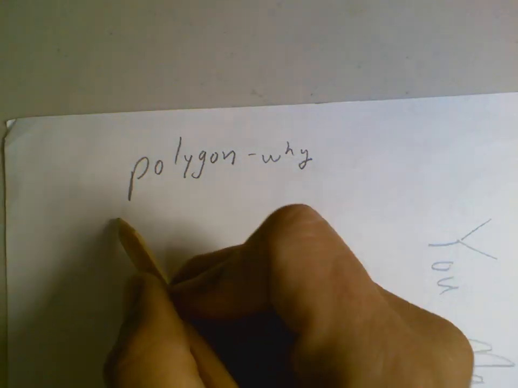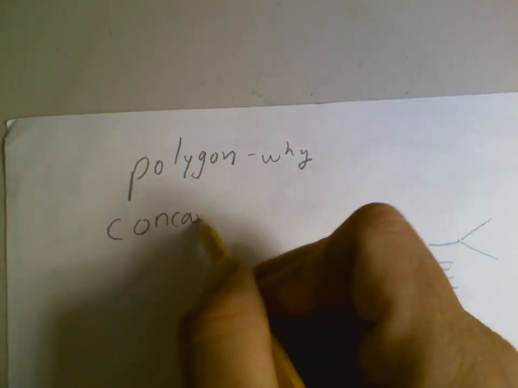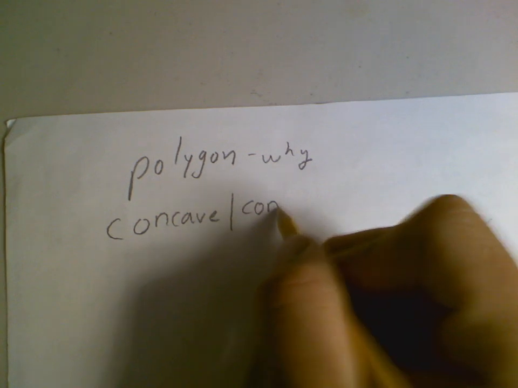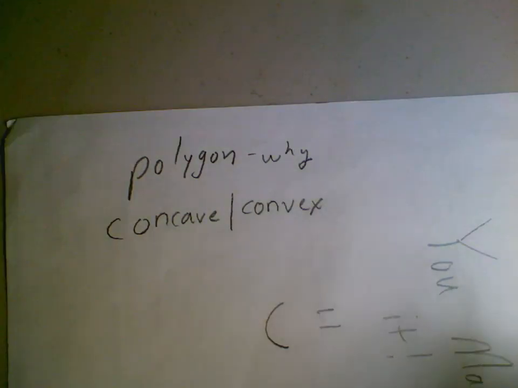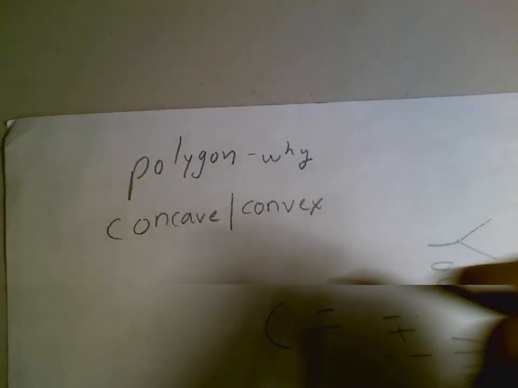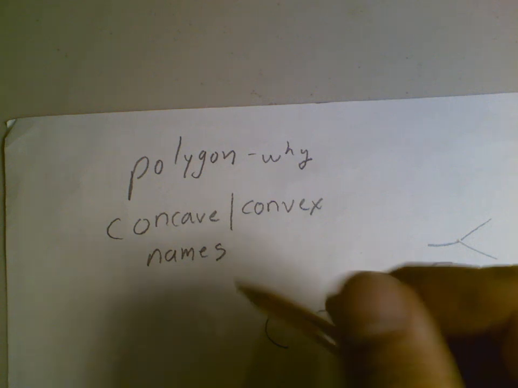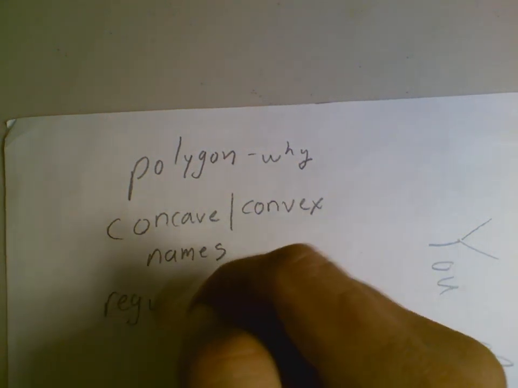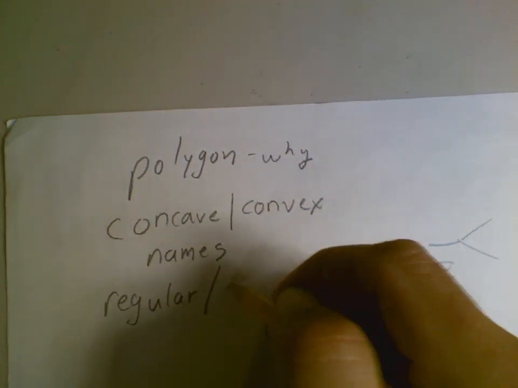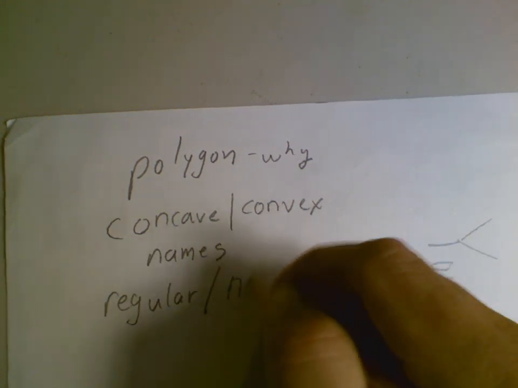Then you have to know concave versus convex. Then you have to know how to name it with the sides. Then you have to know if it is regular or not regular.